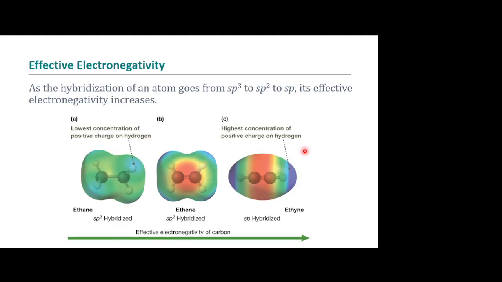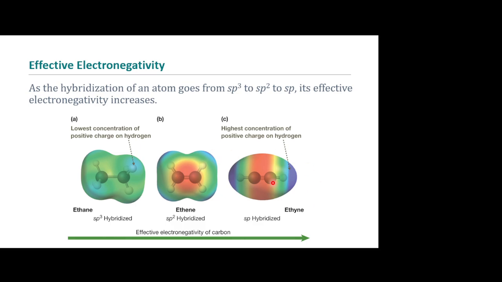So as the hybridization of an atom goes from sp3 to sp2 to sp, the effective electronegativity increases. Right here we have ethane, and we can see that the charge difference isn't hugely different, and that has to do with the concentration of electrons. As we go to sp2, notice what happens to our hydrogens. They get more positive, and the carbon gets a little bit more negative.